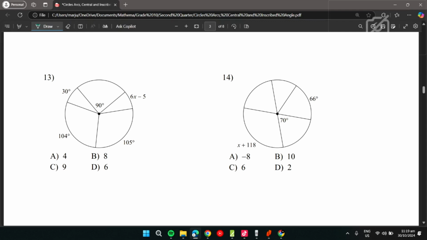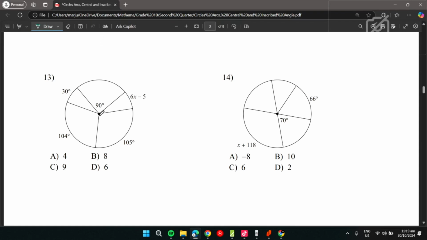Alright. So again, the concept that we need to consider is ang sum lahat ng angles ng circle is equal to 360. Alright? So, ang kabuuan, lahat-lahat na to, if you're going to add them together, that is actually 360. So, we're gonna do that.